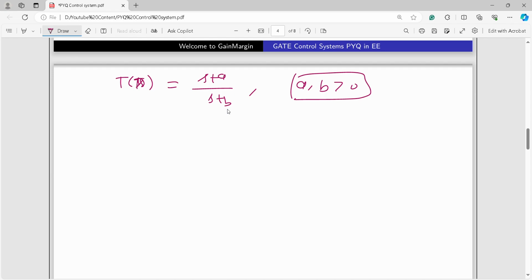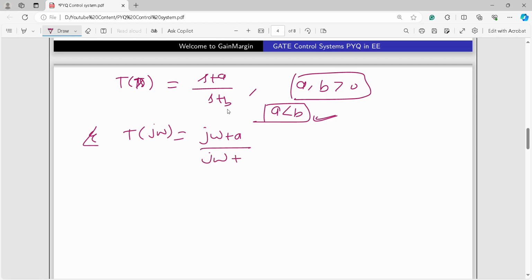All right, so here the condition we already told: a less than b for a lead component. We will see how we are getting this a less than b. So for this we have to write it in j omega. So just substitute s equal to j omega, (j omega plus a) by (j omega plus b).